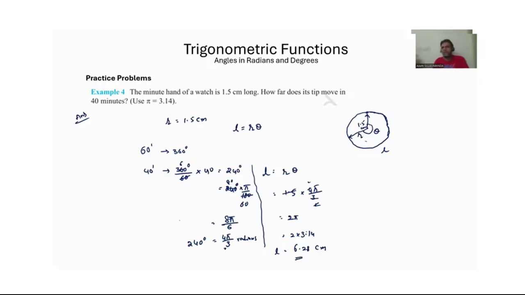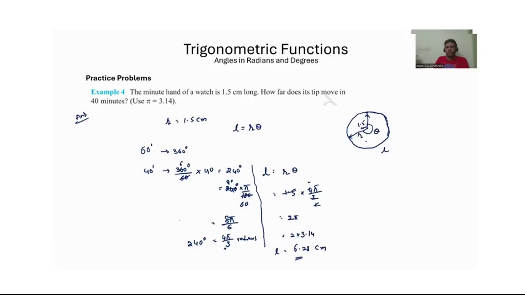That is what the minute hand will cover when it moves in 40 minutes. So basically what we did, we found how much angle the minute hand is making. In 40 minutes, it will make 360 by 60 into 40, that is 240 degrees it's making. That 240 degrees we converted into radians, because when we are finding the length, you cannot substitute degrees, so we need to substitute in radians.